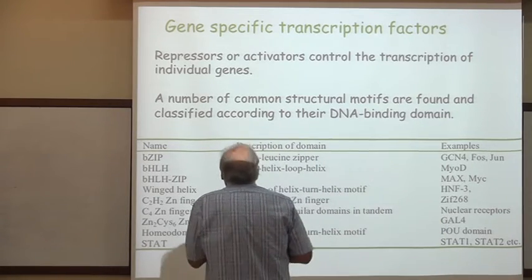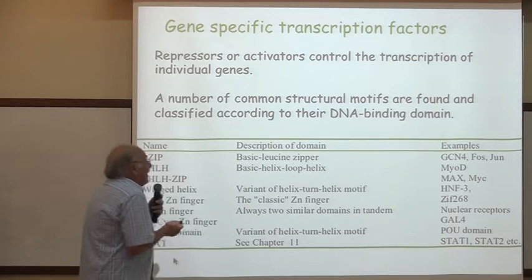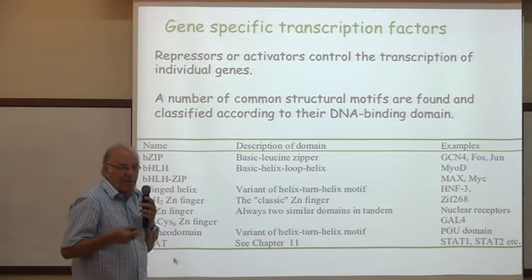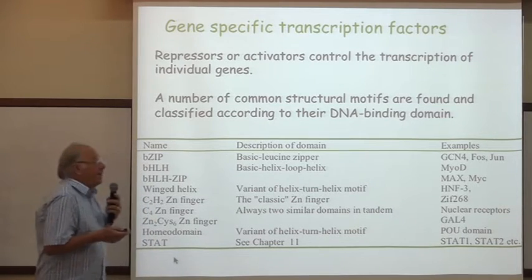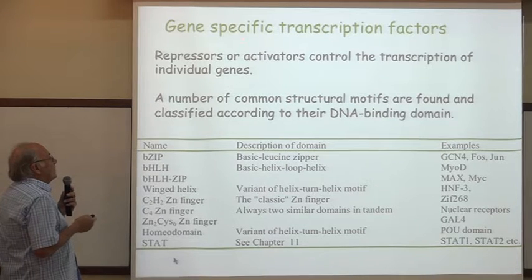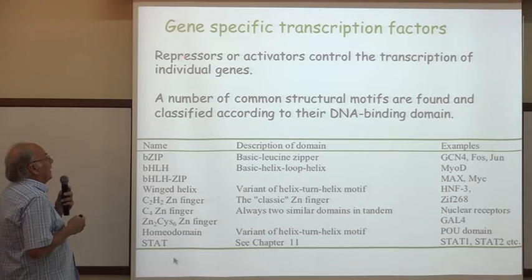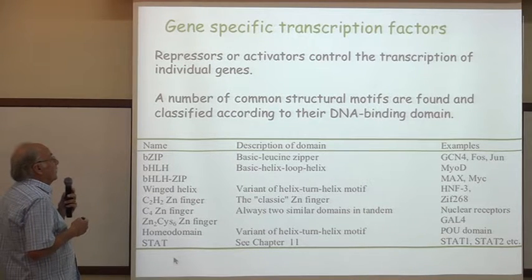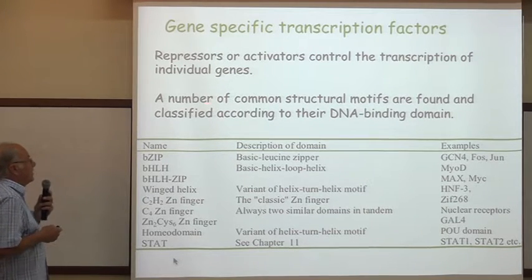So you need to have very specific means to activate the genes that are needed: gene-specific transcription factors. And there are both repressors and activators that control the transcription of the different genes.